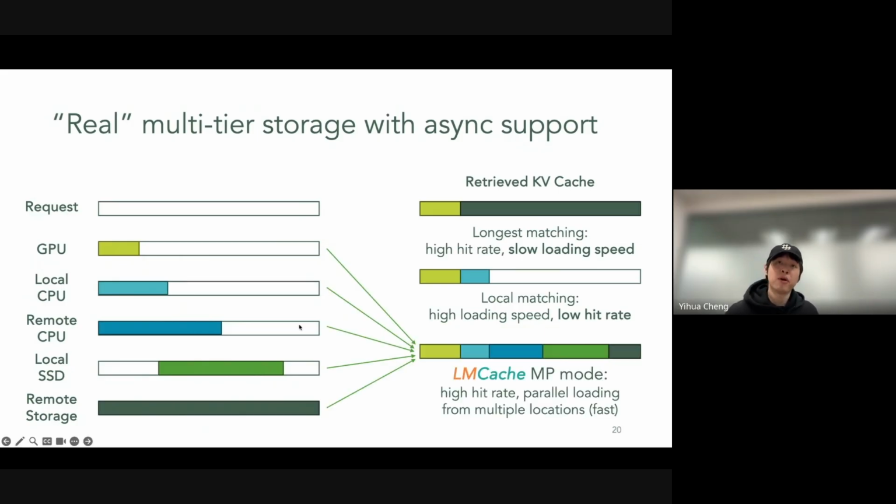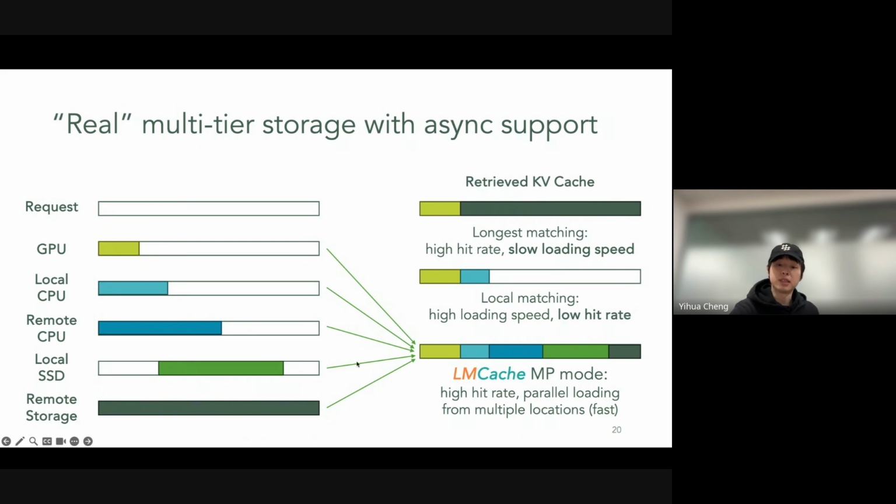And in LMCache MP mode, we actually developed the storage controller that can send or store or load the KV cache from those tier 2 storage at the same time. So for a specific request, LMCache will issue loads from local CPU, remote CPU, SSD, and remote storage at the same time. It will try to look up and build a load plan and load everything concurrently into the staging buffer before it puts back to the GPU.